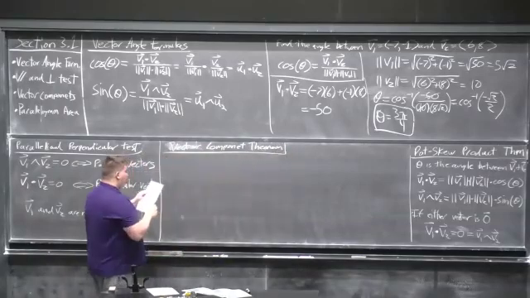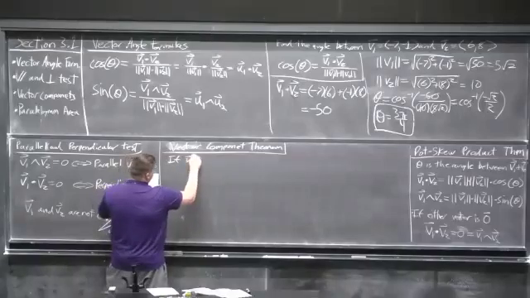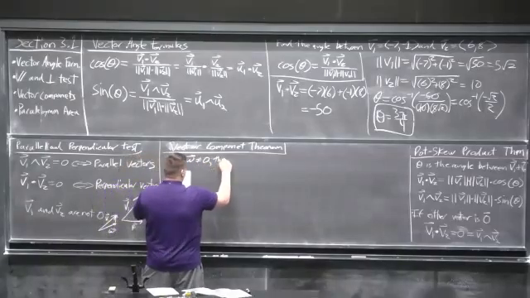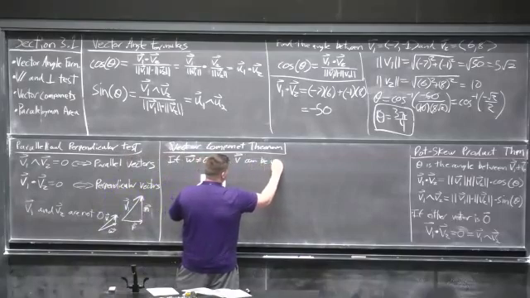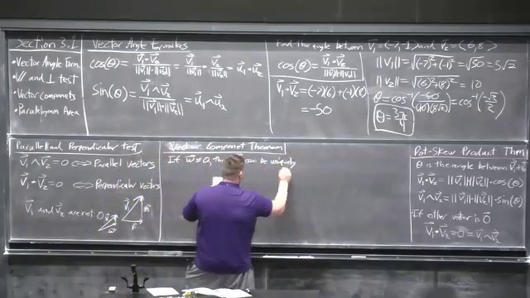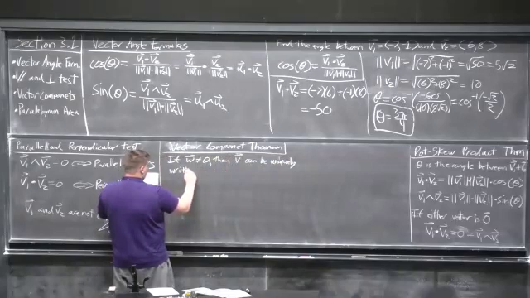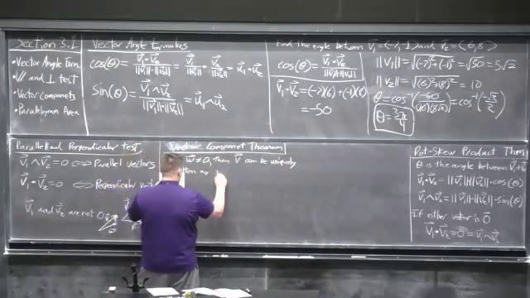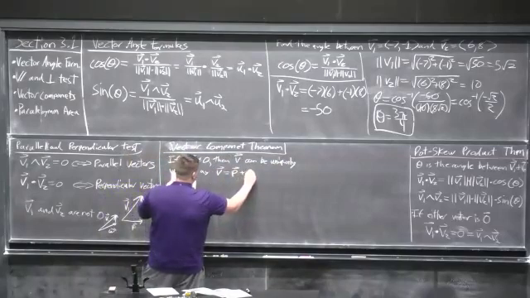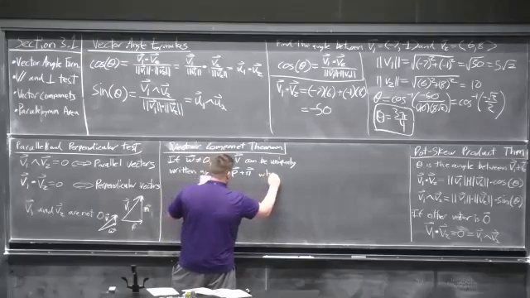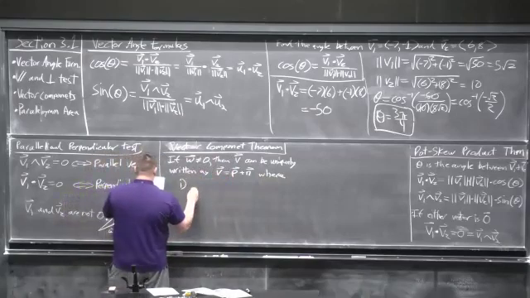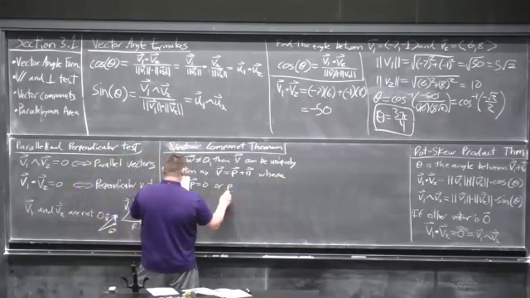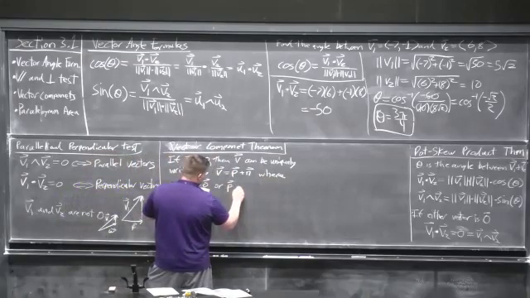All right, so with this, if some vector W does not equal 0, then V can be uniquely written as V equals P plus N, where I have two properties that this satisfies. 1: P equals 0 or P is parallel.